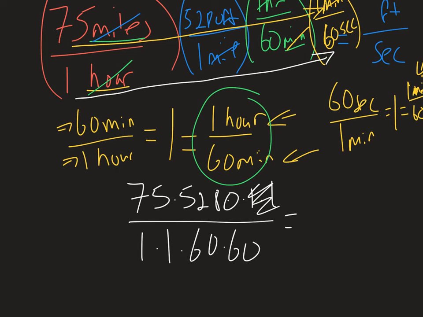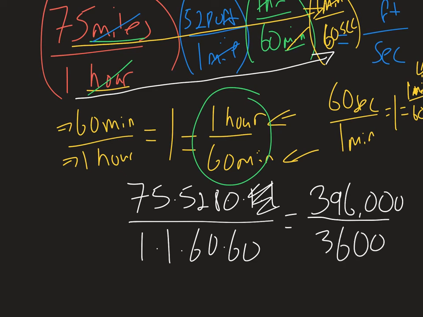Which, if we do a little simplification, is the same thing as 396,000 divided by 3,600. And this would be the same as 110 feet per second, if we do our division.